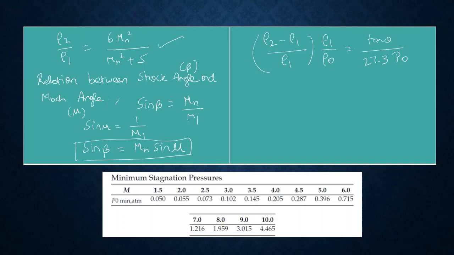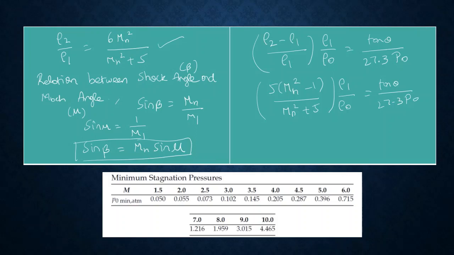So instead of rho 2 by rho 1 minus 1, we are getting 5 times of Mn square minus 1 divided by Mn square plus 5, times rho 1 by rho naught equal to tan theta by 27.3 p naught, right?